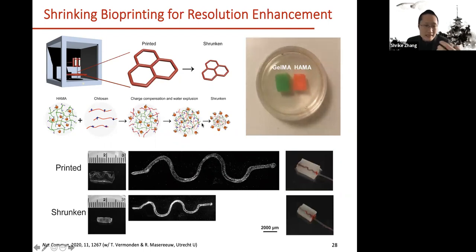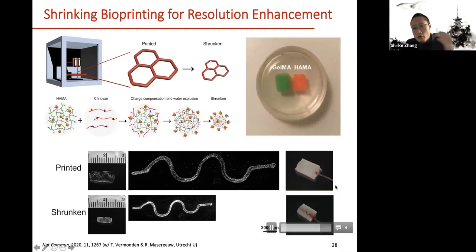I'm not going to go into details of how this is done, but I'm showing some results here, right? For example, this is a printed vessel that I just mentioned, initially at a larger scale. But if you subject that to a shrinking process, it's going to shrink to about half the size of the vessel, right? So then it's effectively improving the resolution to about twice the initial resolution that you could directly print.